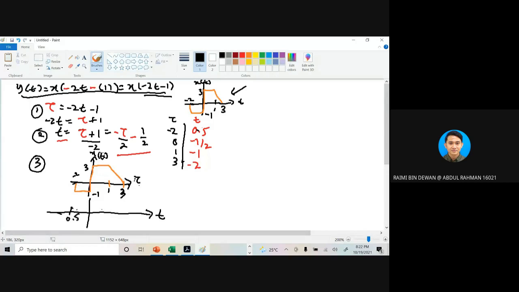And then what happened to 0? 0 will be negative half here. Then tau 1 will be negative 1. And then 3 will be at negative 2.